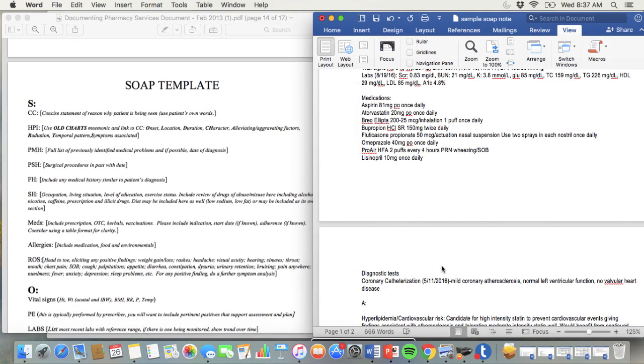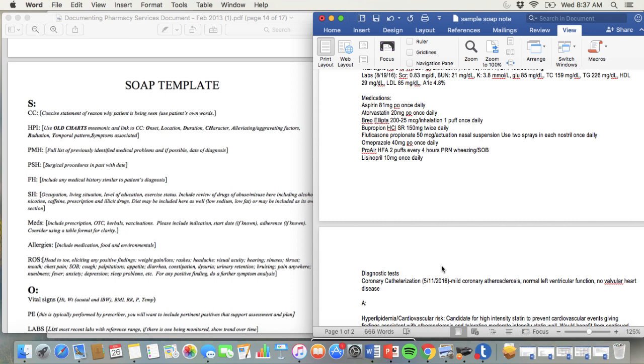But still, it's important to know that this patient does have evidence of atherosclerosis, and we'll see why as we go through the assessment plan. This patient also had pulmonary function tests reported in the chart. Now, we're not necessarily addressing the asthma today, but if we were, it would be important to include those pulmonary function tests, which sort of revealed more of an asthma picture rather than COPD.